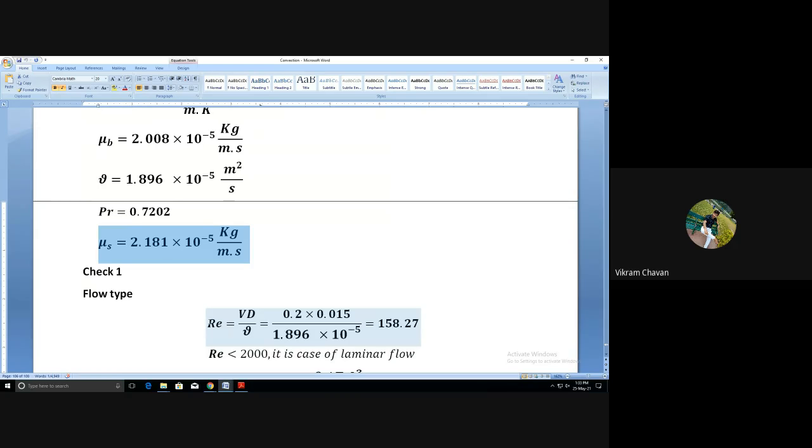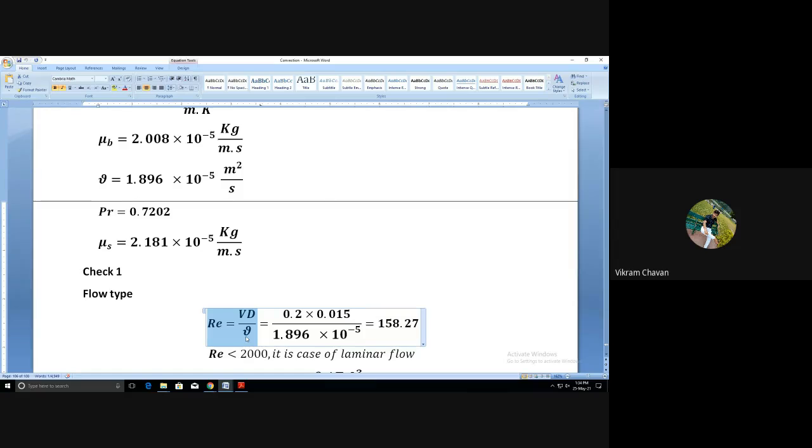Reynolds number can be given as rho Vd divided by mu, or Vd divided by nu, because dynamic viscosity divided by density is nothing but kinematic viscosity. So here we are considering Vd divided by nu, where nu is kinematic viscosity.